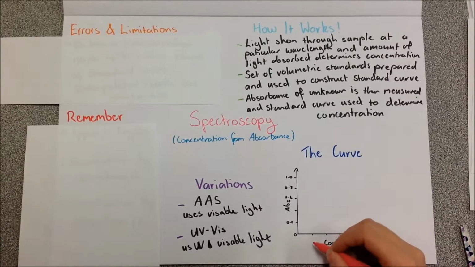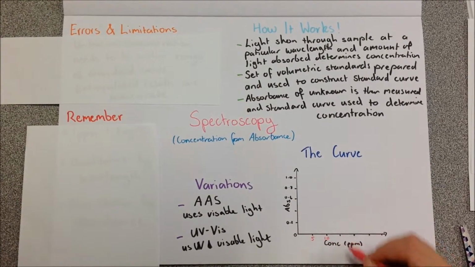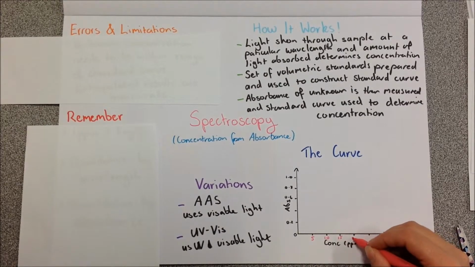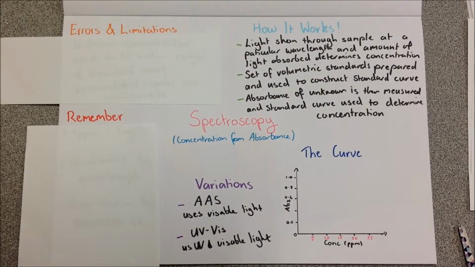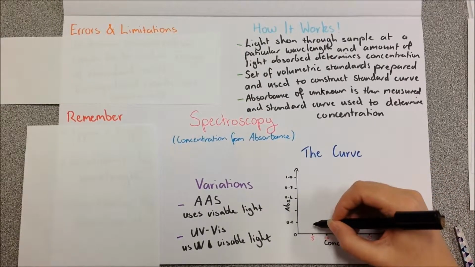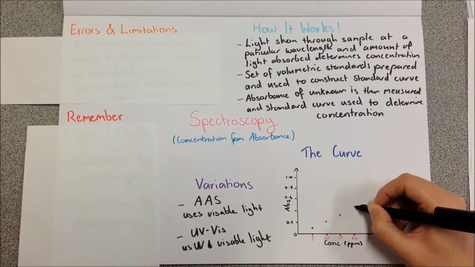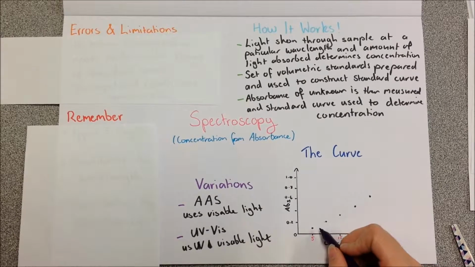We made up solutions of 5 parts per million phosphate, 10 parts, 15, 20, 25 parts per million. We then used our spectrometer to determine their absorbances. And then we plot those on a graph. So say our 5 parts was... And to create our standard curve, we just join the dots.